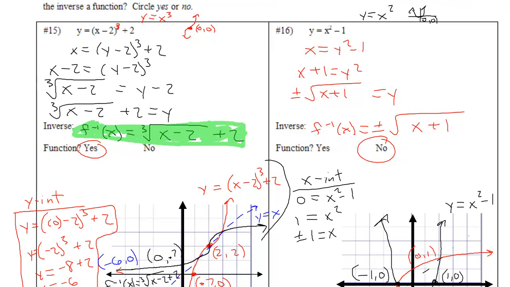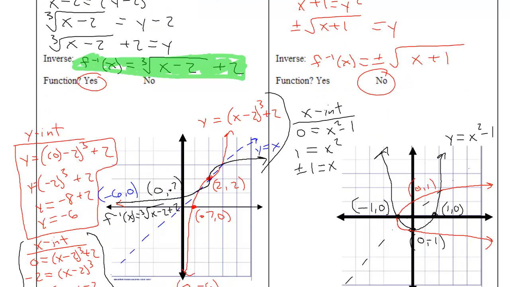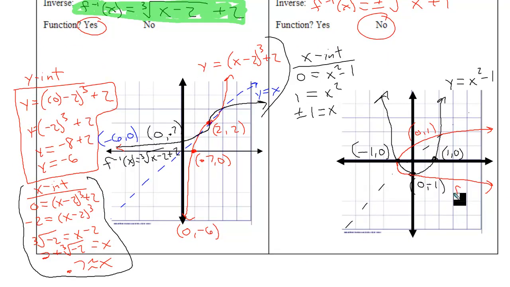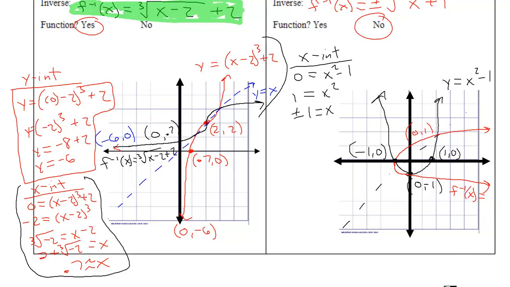Label my curve with that, and we're finished. I don't know if that fit on the screen. Let me move this over a little bit just in case it didn't. Done.